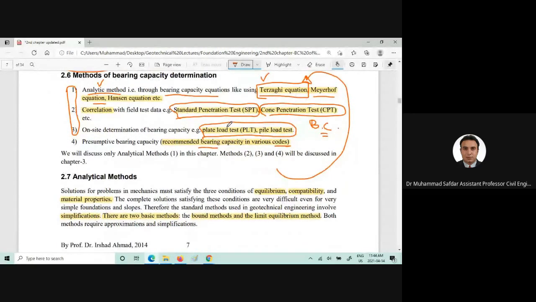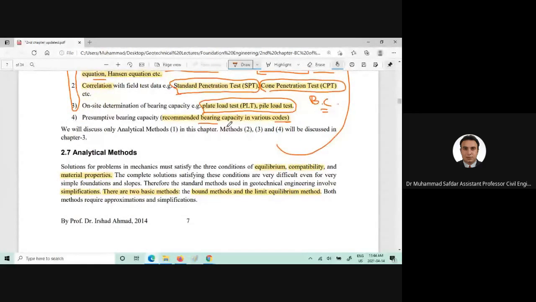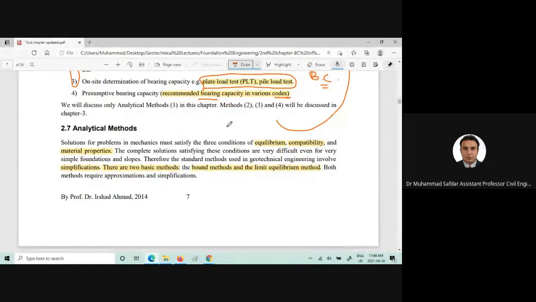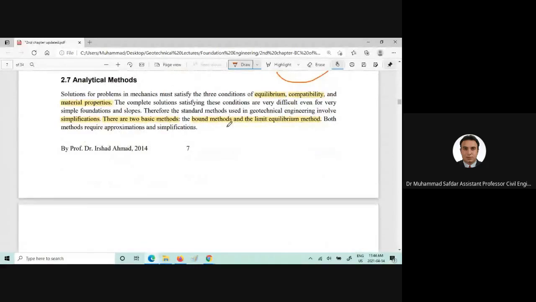So for the start, we will discuss bound methods. And for the bound method, there are two types of bound methods. One is the lower bound method, and the other one is the upper bound method.